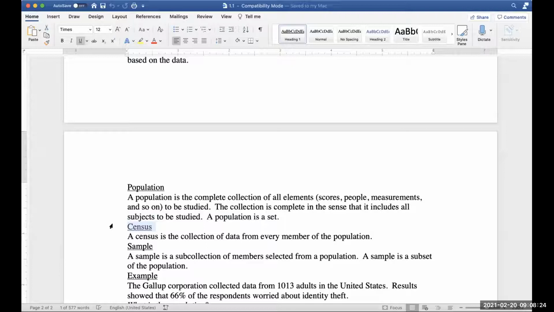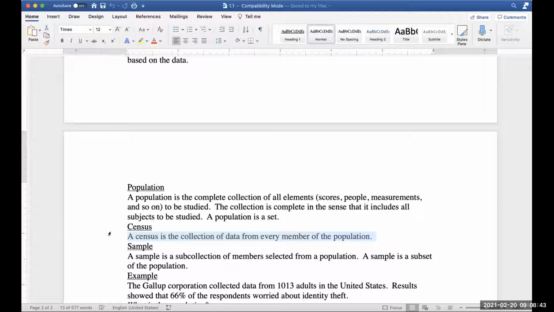A census is a collection of data from every member of the population. And so if you collect data from every member of the population, then we say that that is a census.